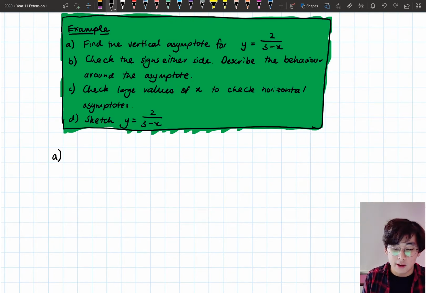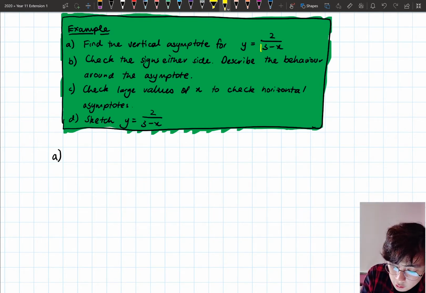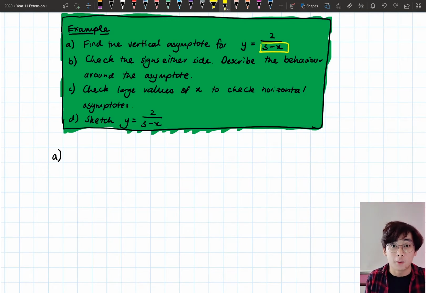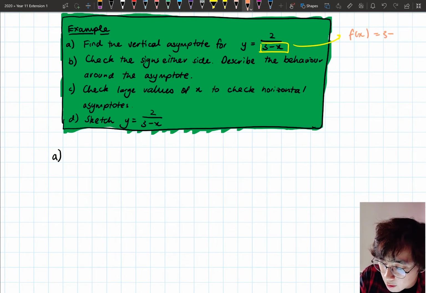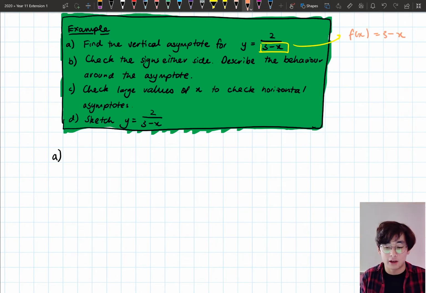So example 12, first part: we want to find the vertical asymptotes for y is equal to 2 over 3 minus x. If you notice here, we've got a function at the bottom. This is a linear function. So here our f of x is 3 minus x. This is a linear function at the bottom of our reciprocal.